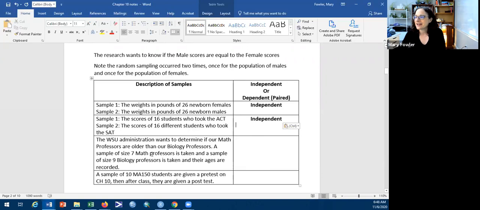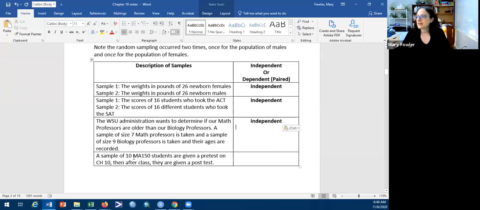A sample of size 7 math professors is taken, and a sample of size 9 biology professors is taken, and their ages are recorded. Again, there's independence, because whether or not a biology professor was in the sample didn't come from who was in the math sample. So these are also independent.